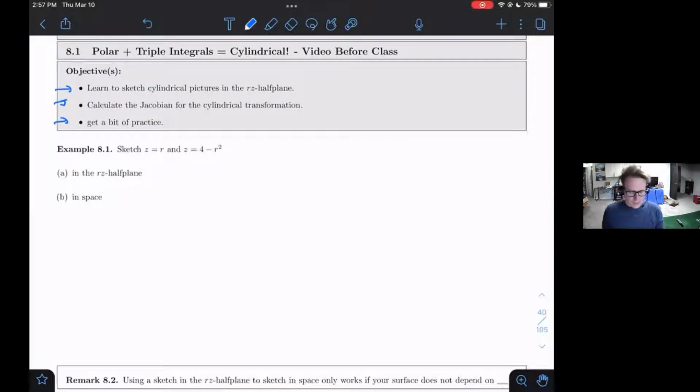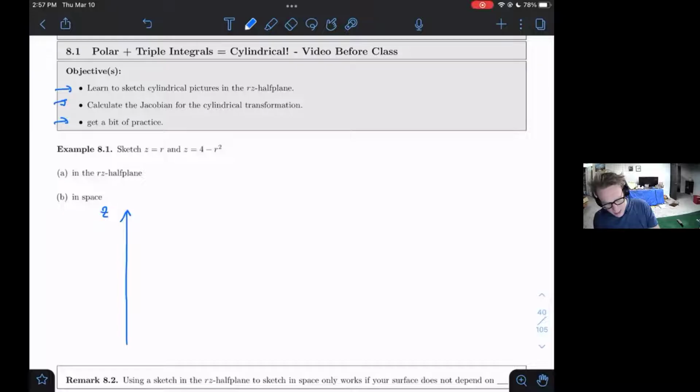Okay, to get started, I'd like to sketch z equals r and z equals 4 minus r squared in the RZ half plane. The RZ half plane is an interesting thing, but you can imagine the z going up and down, like the classic X, Y, Z space.